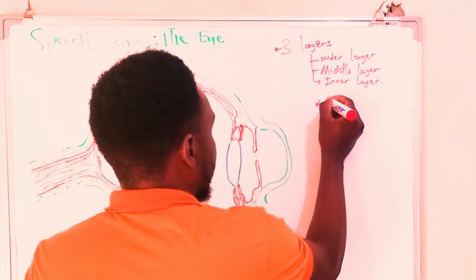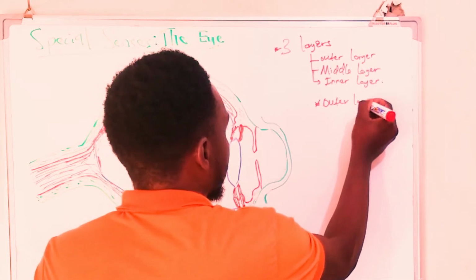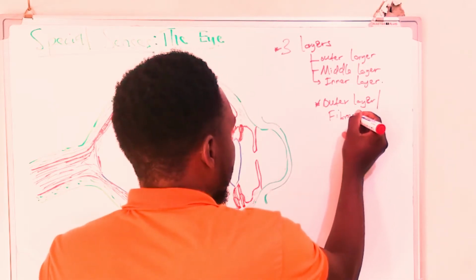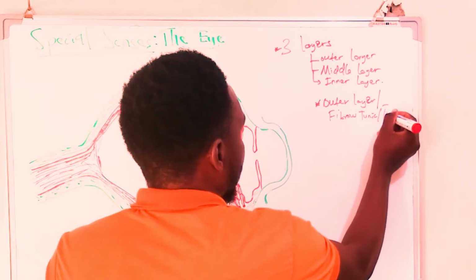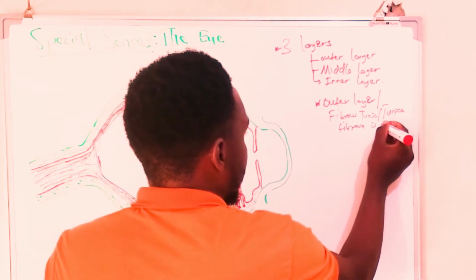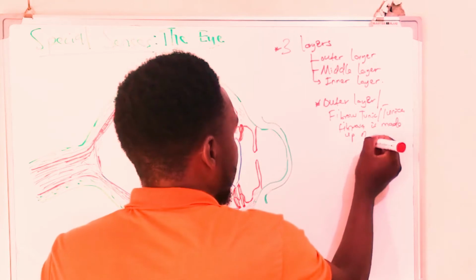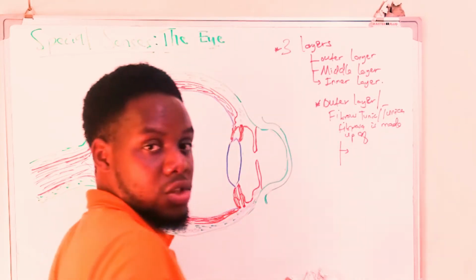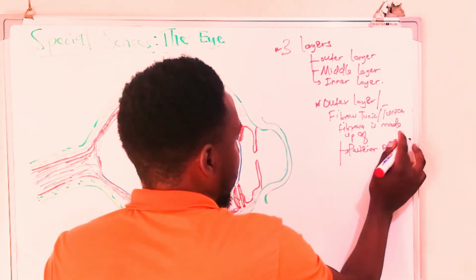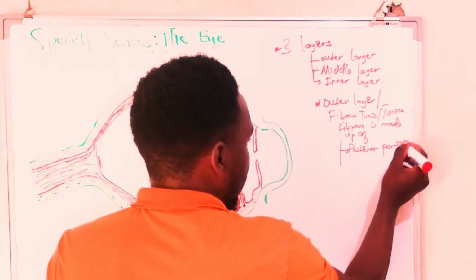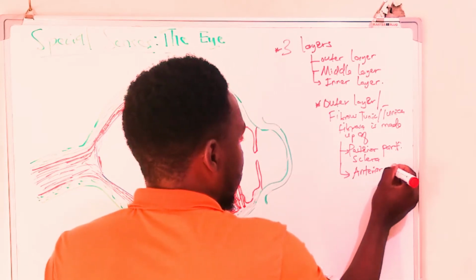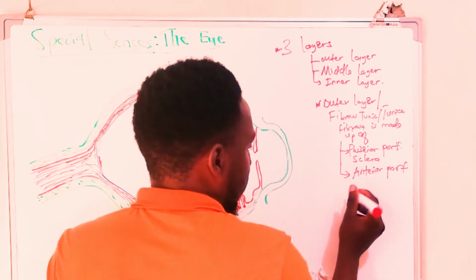Now, the outer layer, also known as the fibrous tunic or tunica fibrosa, is made up of one, the posterior part, which is our sclera, and an anterior part, which is our cornea.